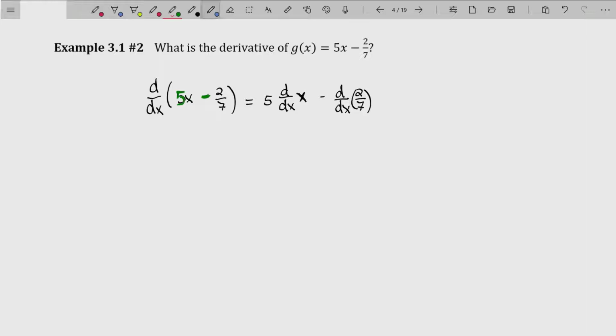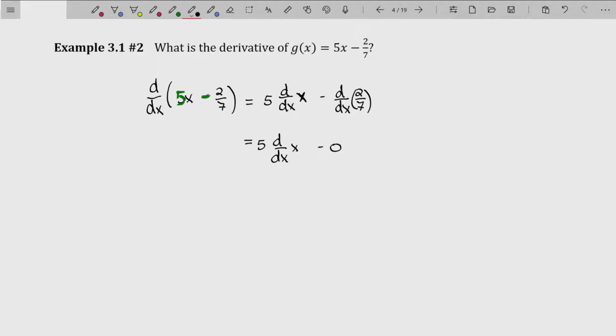So we'll go ahead and write that in. This is 5 times the derivative with respect to x of x minus 0. That's why using that linearity property, the fact that you can pull these apart into their own separate little derivatives, is super powerful, so that you don't have to consider this beast as a large problem. You can take it into its little component terms and take derivatives of those.